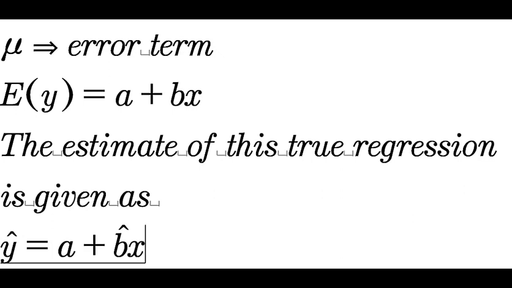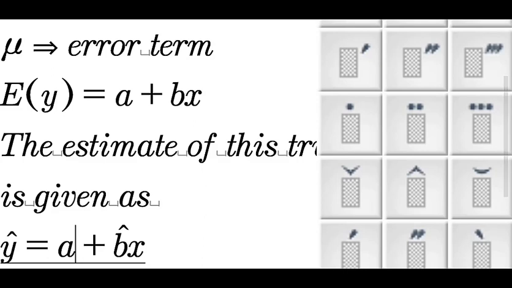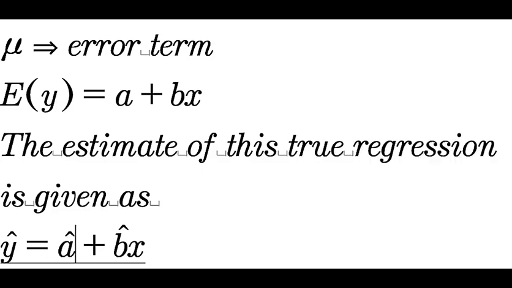So this equation 3 here represents the estimate of the true regression equation given above: y hat equals a hat plus b hat x.